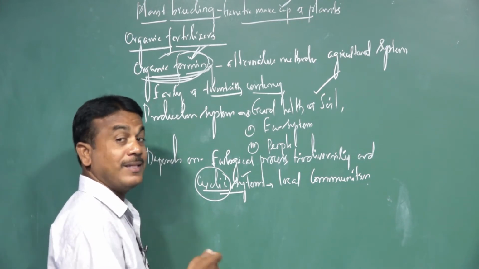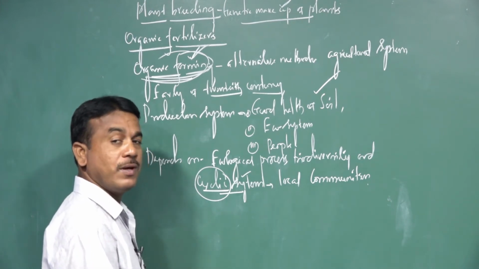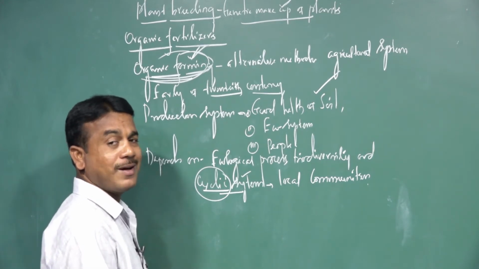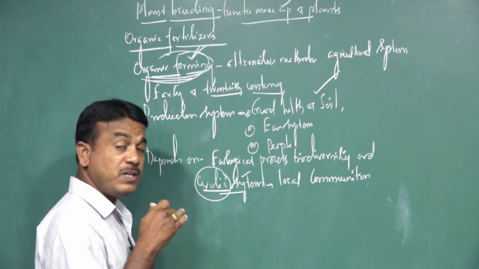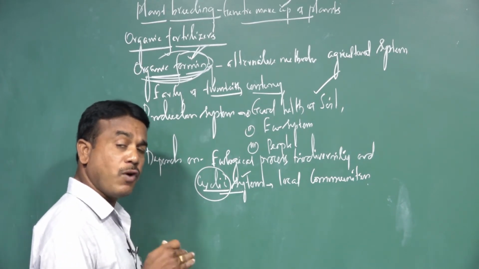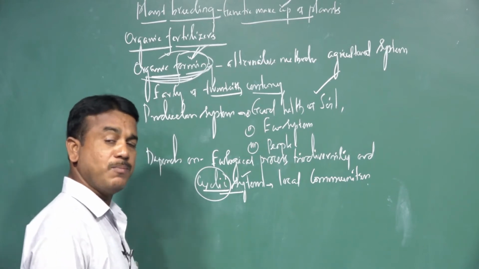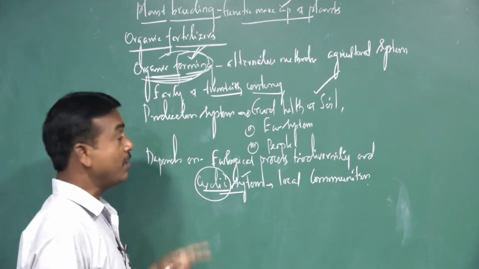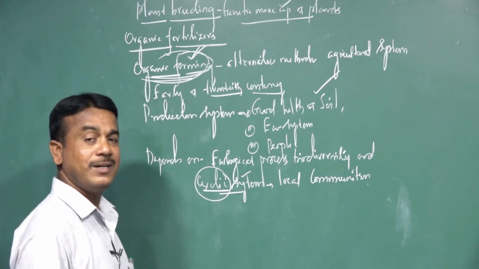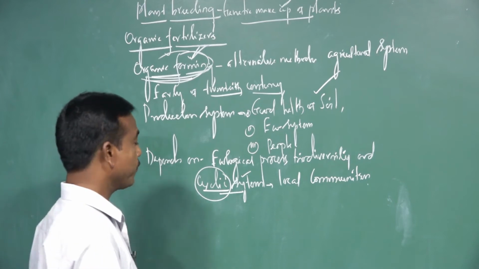Rather than the use of chemical inputs, which may produce hazardous effects, you should avoid the hazardous nature. All farming systems should be accompanied with organic farming. It is non-toxic, non-hazardous, and the easiest way of producing.